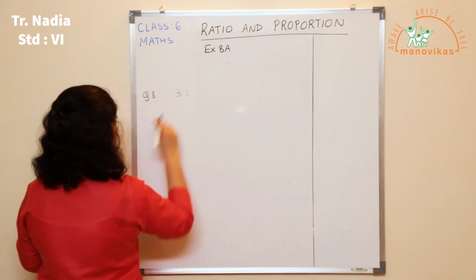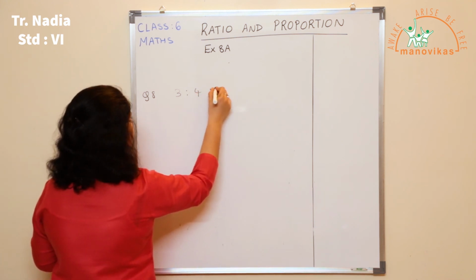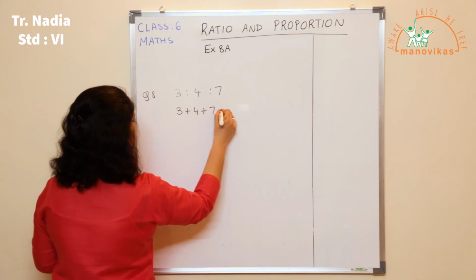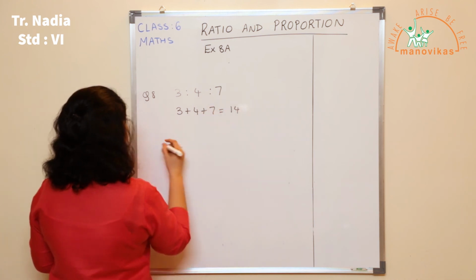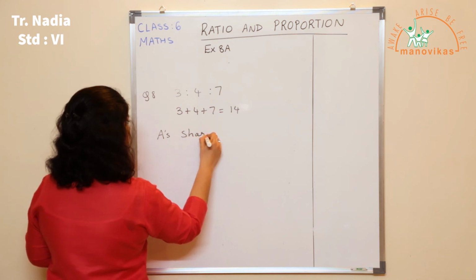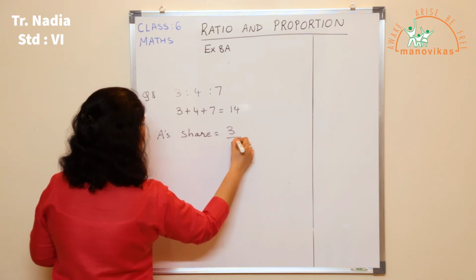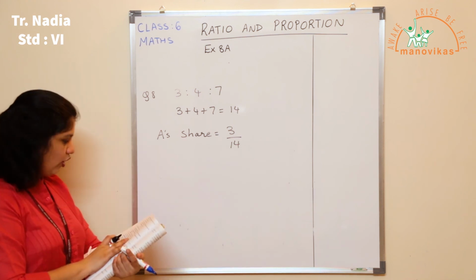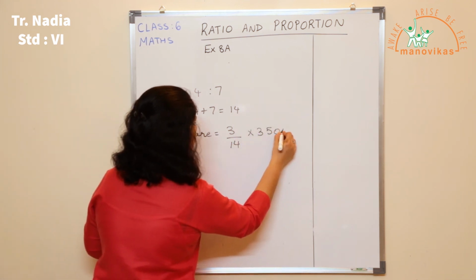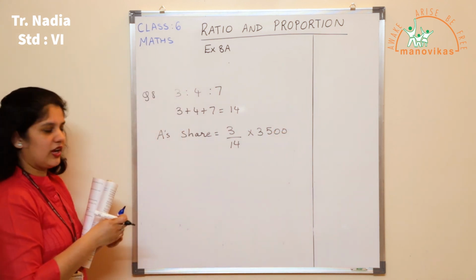The ratio is 3:4:7. The total will be 14. So A's share will be 3 out of the 14 parts of the total money, that is 3,500. Okay, so this will be A's share.